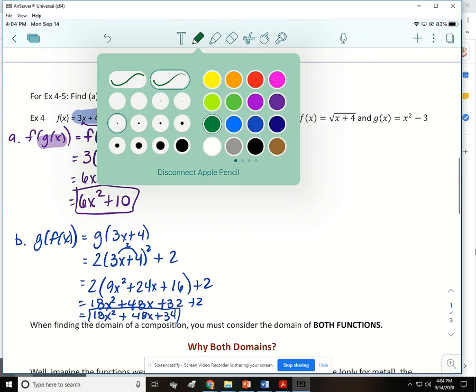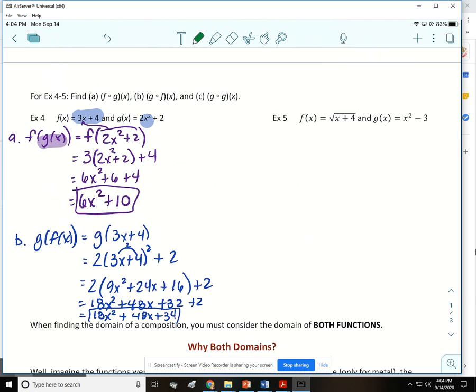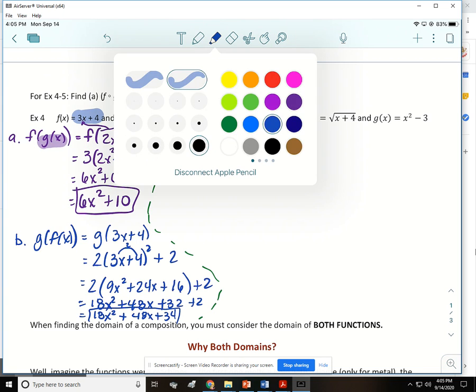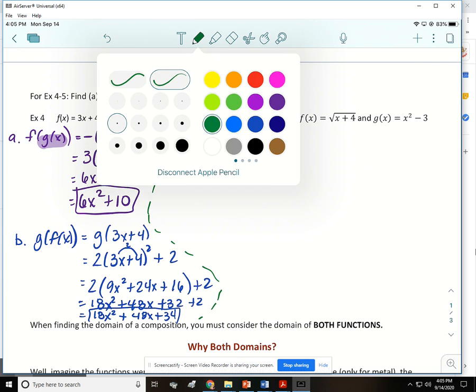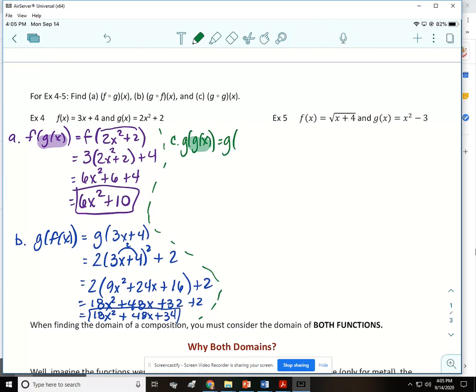Alright, and then the last thing I'm going to do is C, which is g of g. So in the place of g of x, here, I'm going to write what g of x equals, which is 2x squared plus 2.